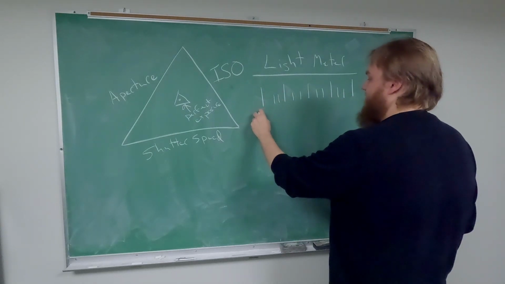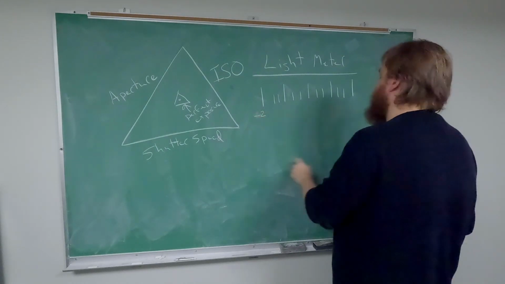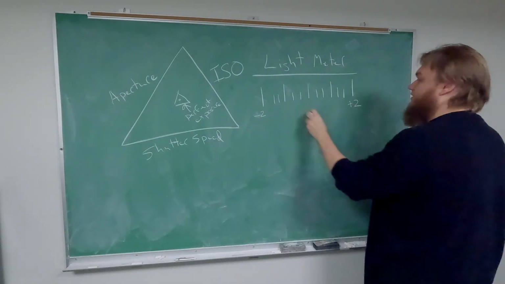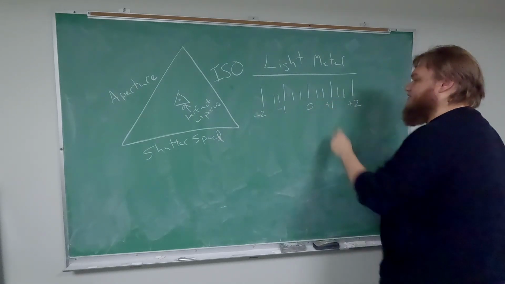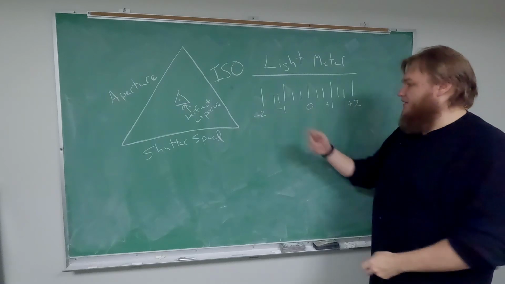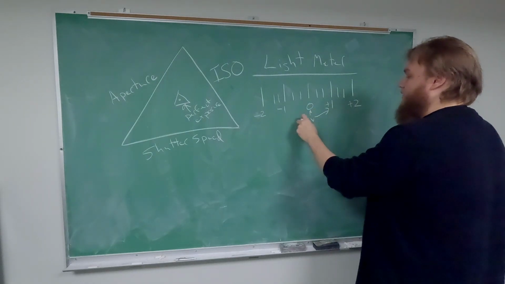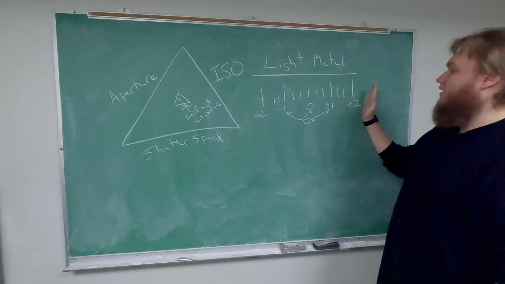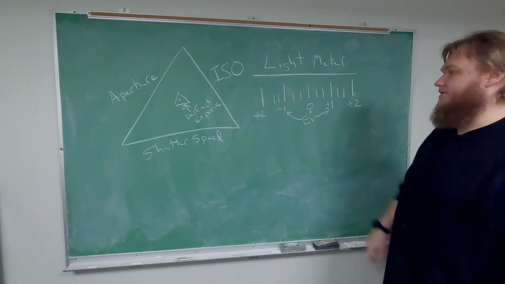And you'll see something like, sorry, it's usually negatives on this side, pluses on this side. This will be 0, this is -1, this is +1. So it looks kind of like a ruler, and these are exposure values. Along the scale, you have indications of where particular exposure values are.